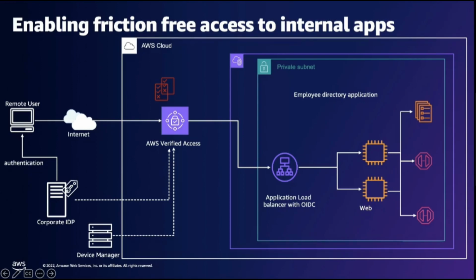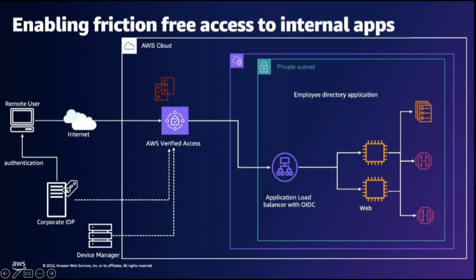Another feature that Verified Access has is device posture management. Context is very important when it comes to detecting anomalies and security events. So what happens here is that Verified Access is able to get your device footprint and other device signals.